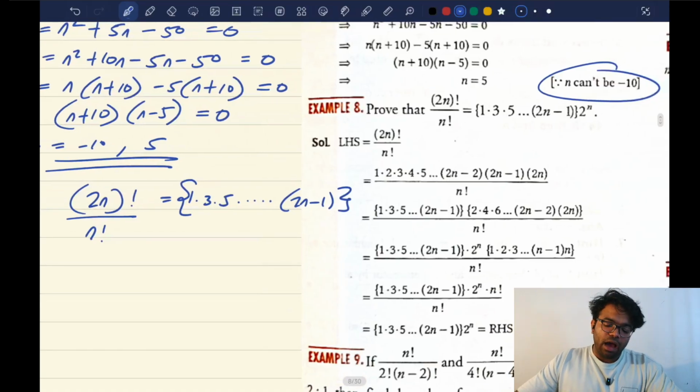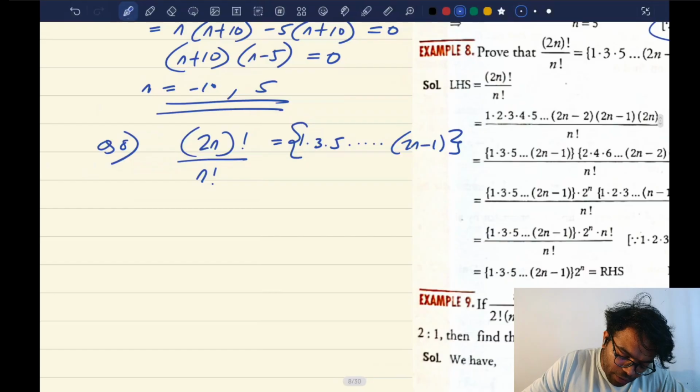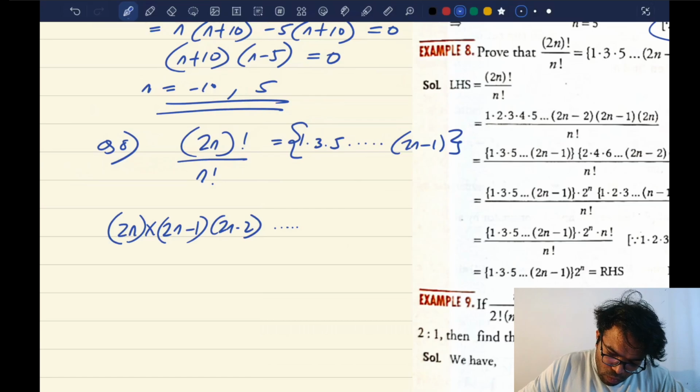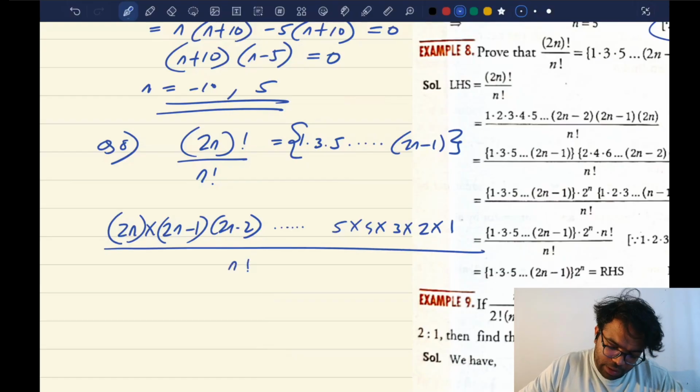Okay, so basically how will we do this? 2n factorial can be written as 2n, 2n minus 1, 2n minus 2 dot dot dot, 5 into 4 into 3 into 2 into 1 upon n factorial. Correct? This is the first line that we can write, right?